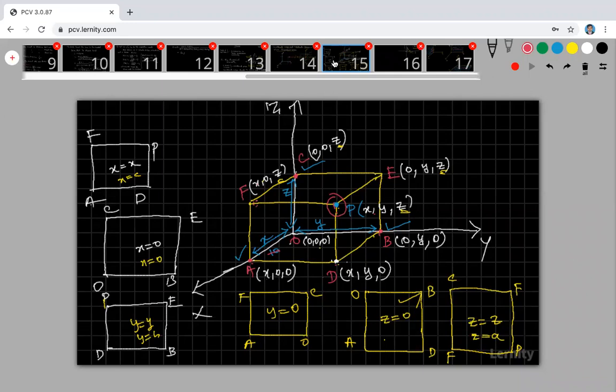Completed, students. Now we'll go to the octants and the sign of the coordinates of a point determined in the octant.